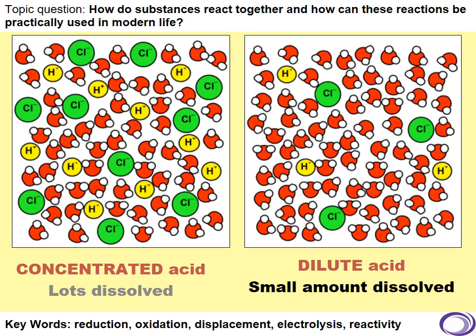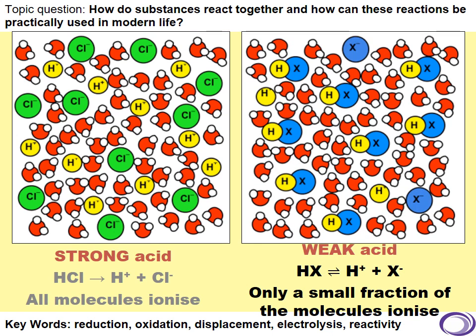So here we have an example with our strong acid where everything's fully dissociated, so we know it's a strong acid. However, the diagram on the right hand side hasn't got many acid particles in it, so it's quite dilute. Just reminding ourselves that a strong acid has fully dissociated, so we have all our ions, whereas a weak acid only partially dissociates.